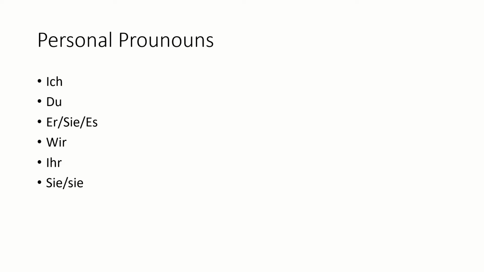So ich is I, du is you, er, sie, and es are he, she, and it. Wir is we. Ihr is y'all or you guys. And Sie and sie: the capitalized one is you formal, and the lowercase one is they.